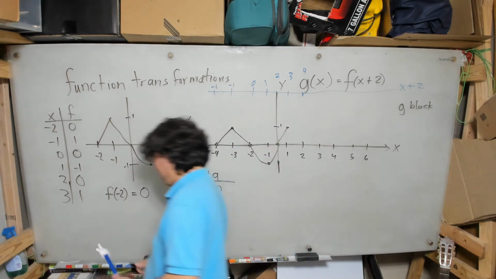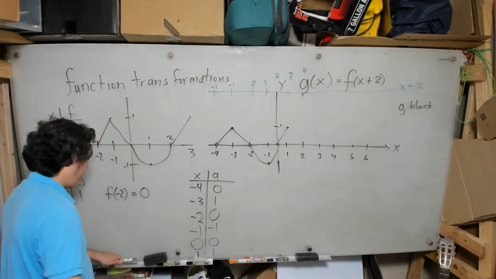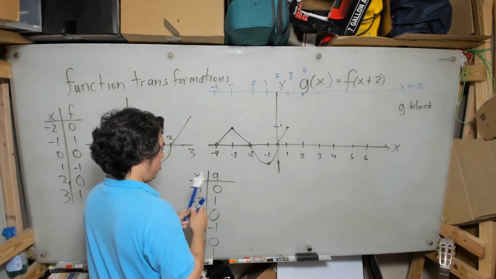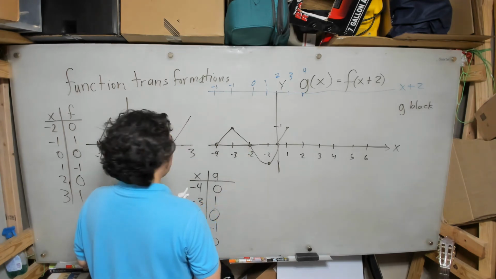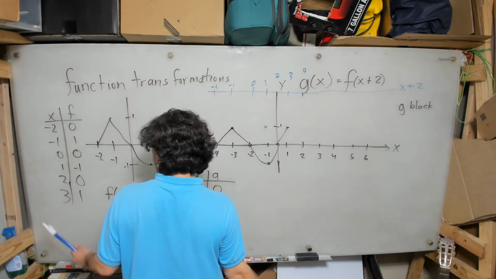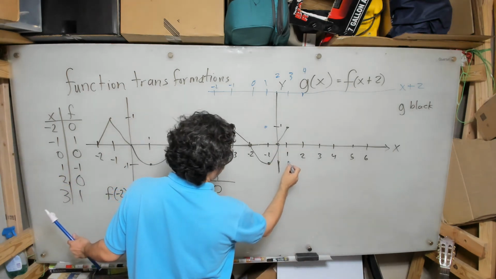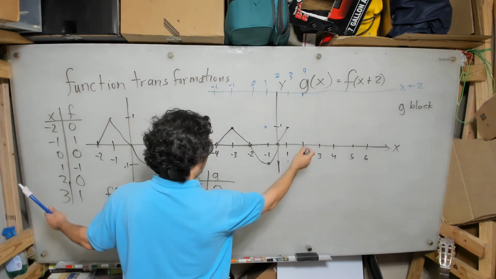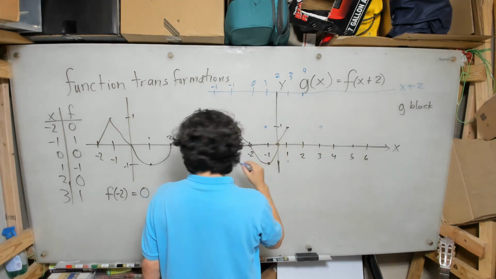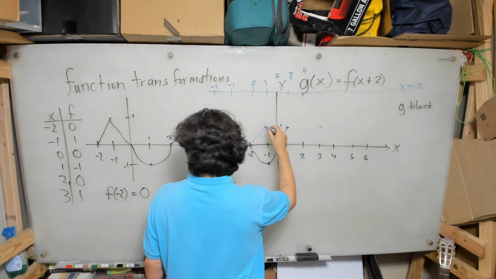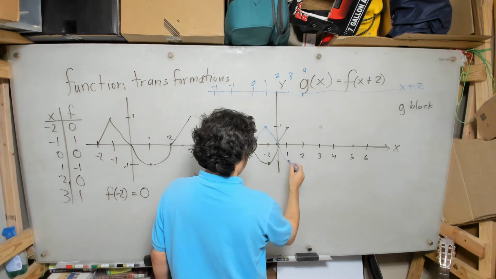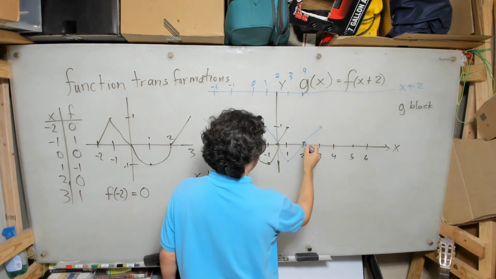Now, for comparison's sake, I'm going to graph my original f in. I know that f of negative 2 is 0, so that'll be right there. At negative 1, it's 1, so that'll be right here. At 0, it's 0, which will be right there. At 1, it's negative 1, which will be right there. At 2, it's 0, and at 3, it's 1, like this. And so I can see that it will be like this, like this, like this, and then like this.